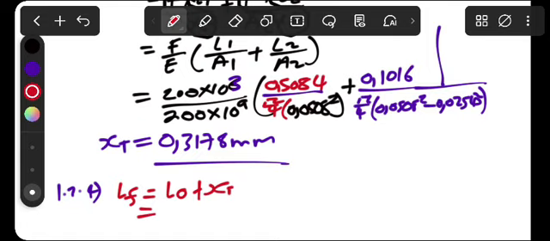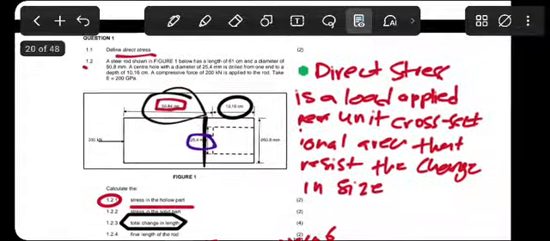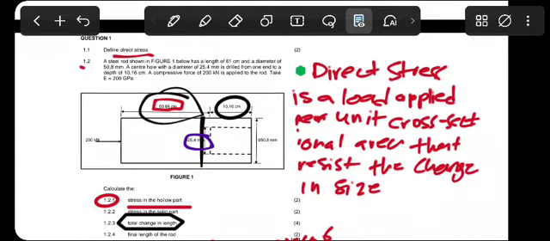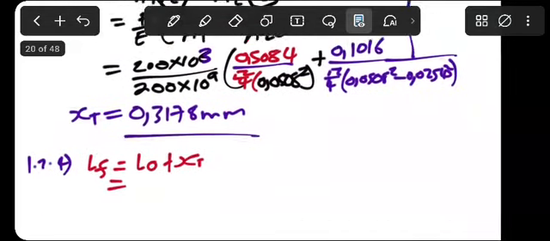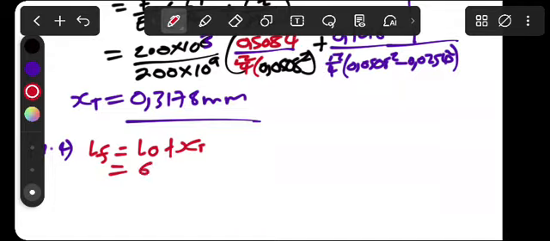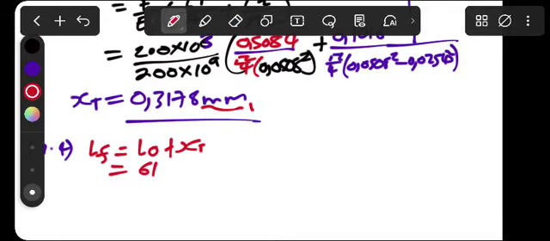it was given to be 61 centimeter. Okay, we have 61 centimeter, they said that, plus, that is in centimeter, this is in millimeter, so there must be a change. I can convert this to meter.